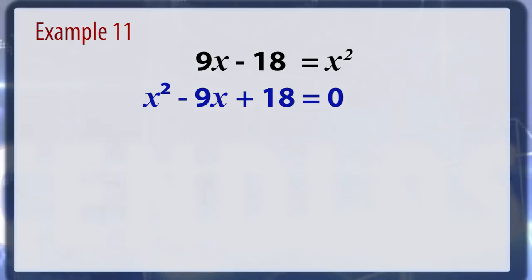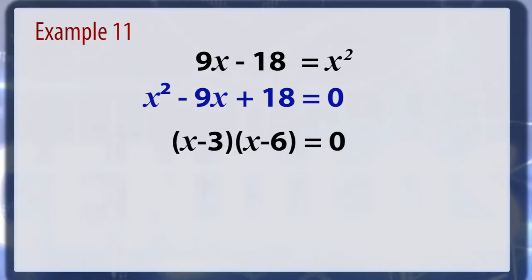So factorizing, we get x minus 3 times x minus 6 to be equal to 0. That gives us x is equal to 3 or x is equal to 6. So you see, that question that didn't look friendly can be easily solved.